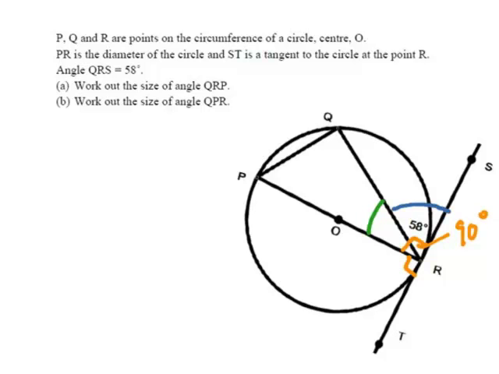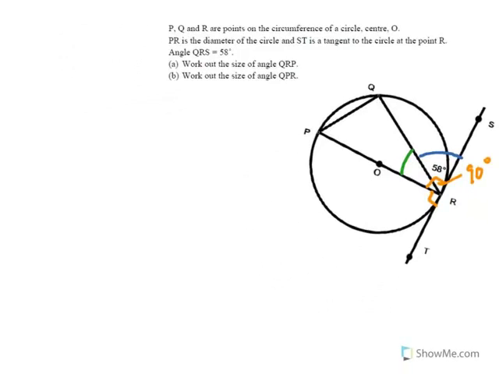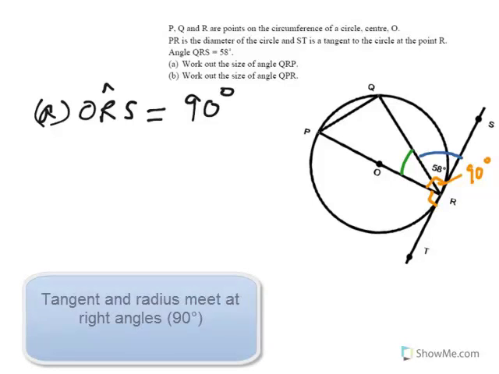Now, that means that in part A, we can write that ORS, if you prefer to use PRS you can, is equal to 90 degrees. And if a reason is required, and generally they do, then you say tangent and radius meet at 90 degrees.